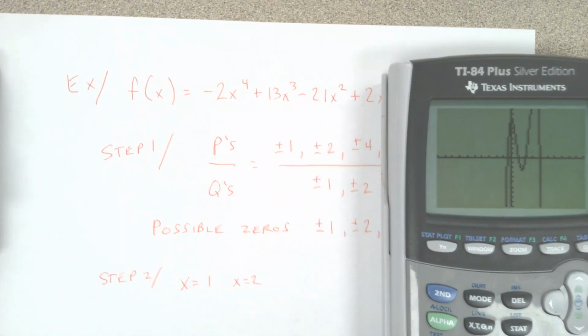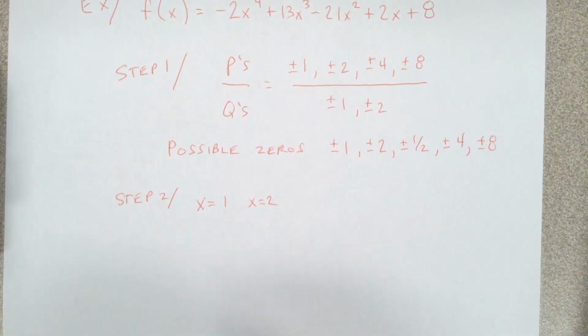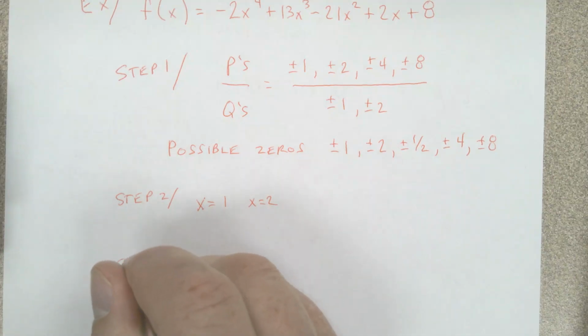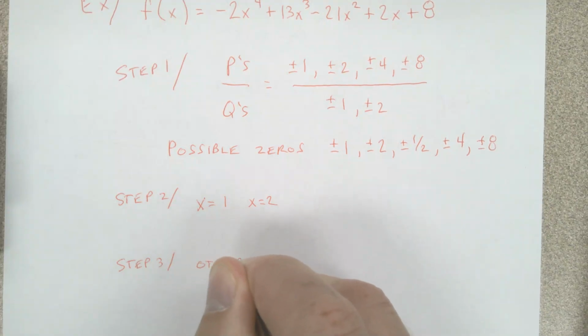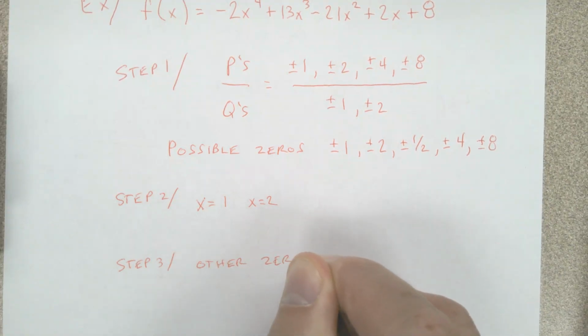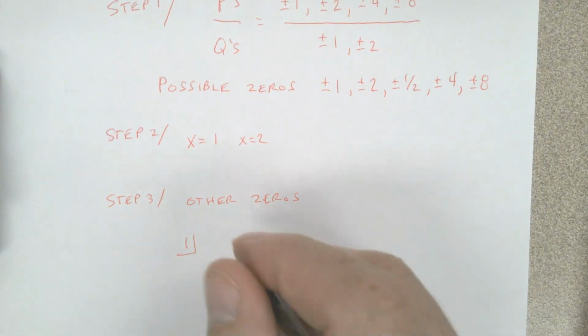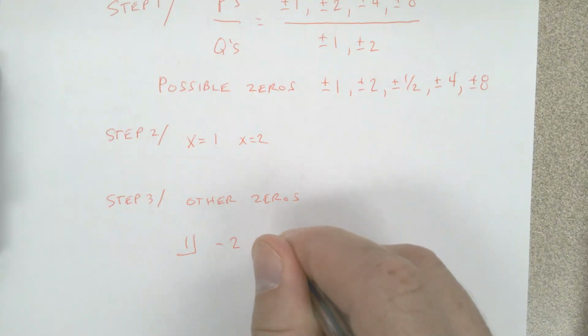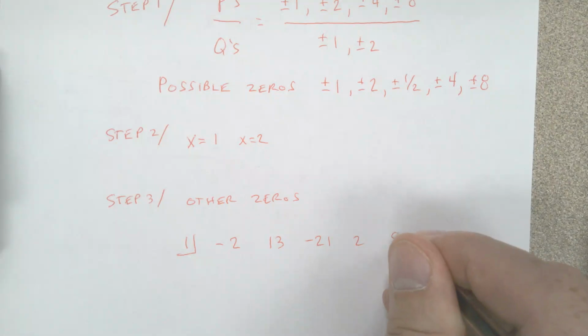So when we go down here to our synthetic division to find our other zeros, I'm going to put 1 in the box, list my coefficients, which are negative 2, 13, negative 21, 2, and 8.